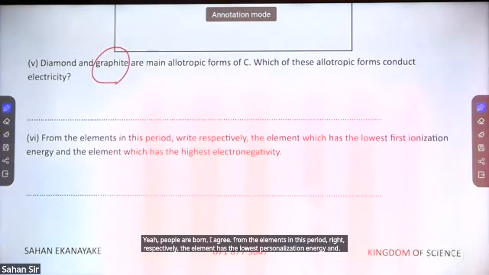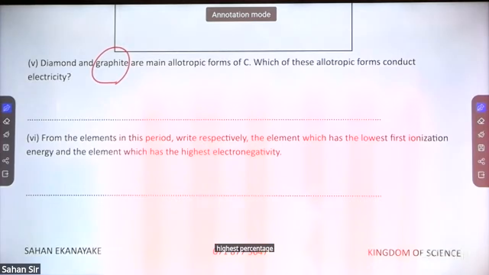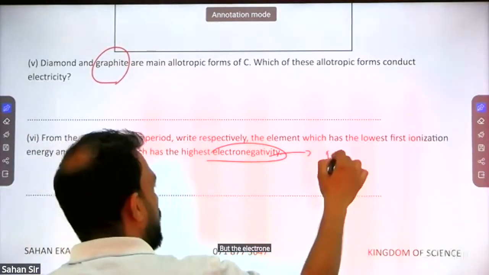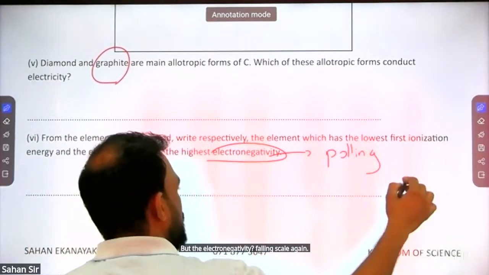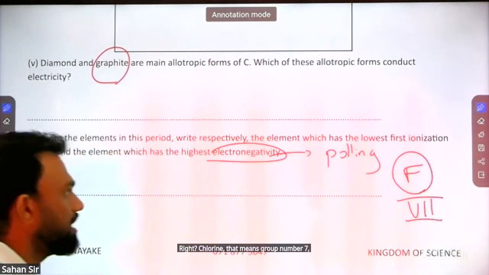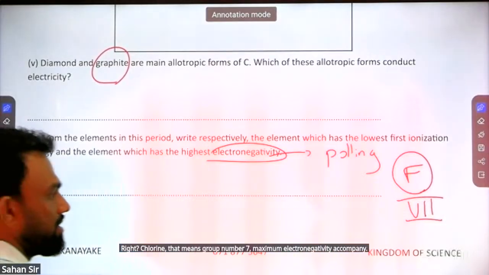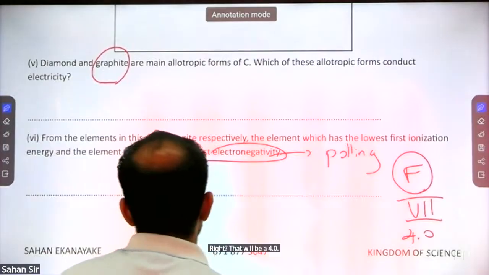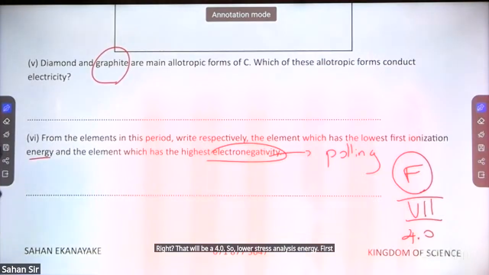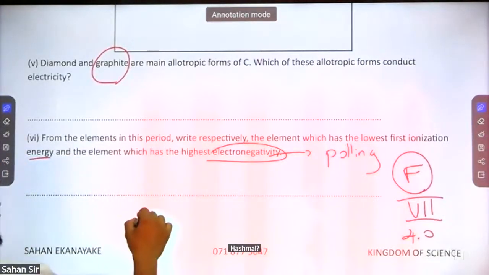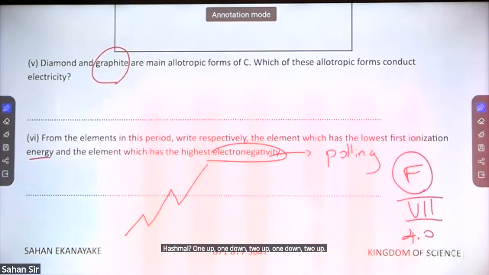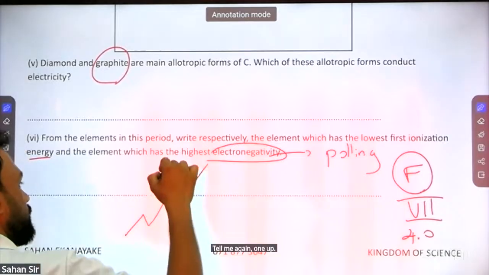Represent from the elements in this period, respectively, the element that has the lowest first ionization energy and highest electronegativity. Chlorine, group number 7, gives maximum electronegativity, value 4.0. So for lowest first ionization energy: 1 up, 1 down, 2 up, 1 down, 2 up.